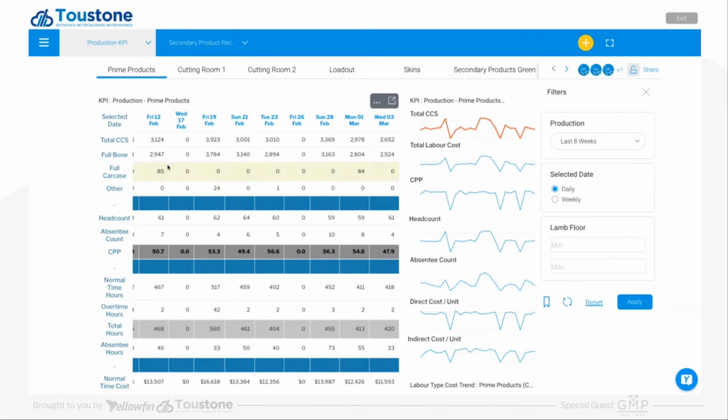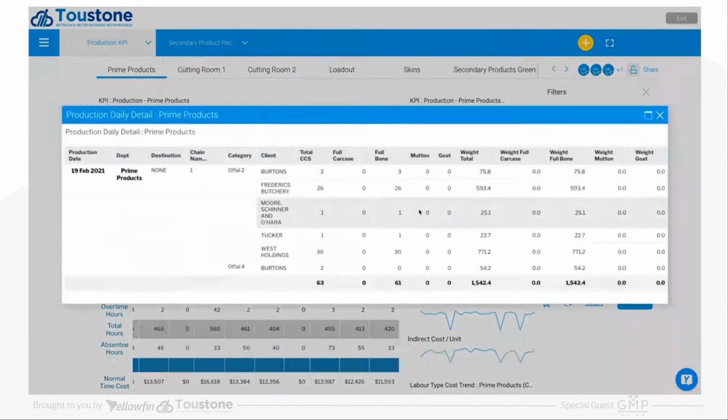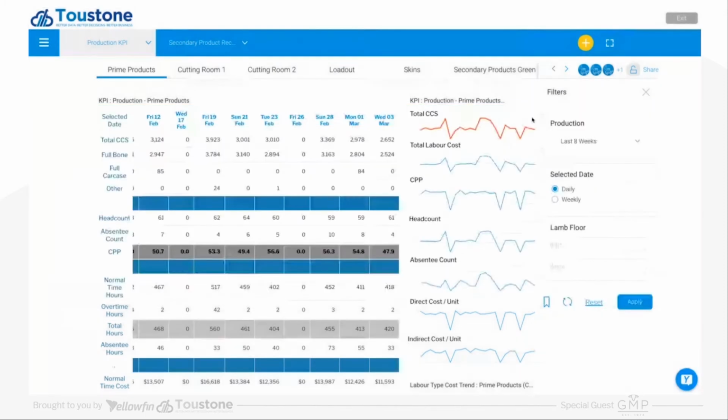So for example, I can drill in, I'm just going to randomly select a day. I'm going to jump in first of all to our production numbers. So this is what we produced yesterday on the particular date that I selected. These are our particular cuts and by different carcass types and so on. And further to that, we can also drill into our labour detail.